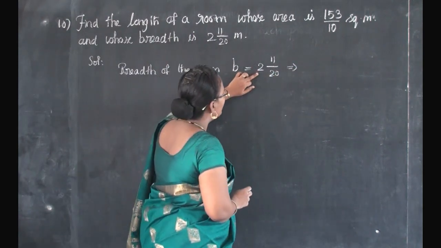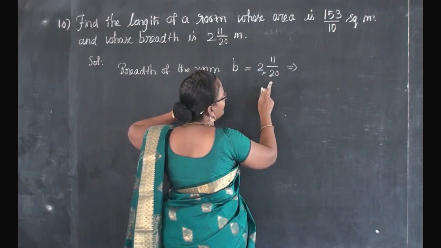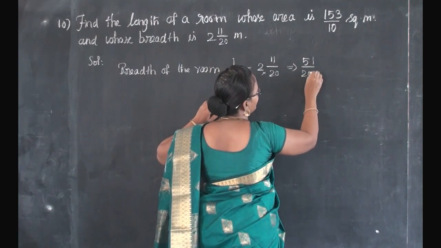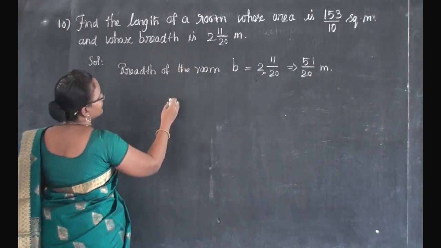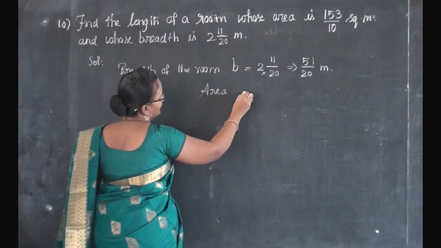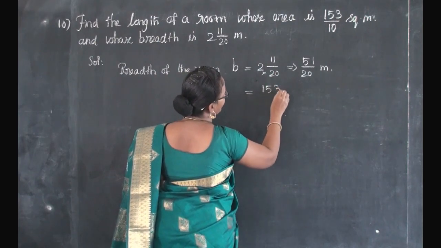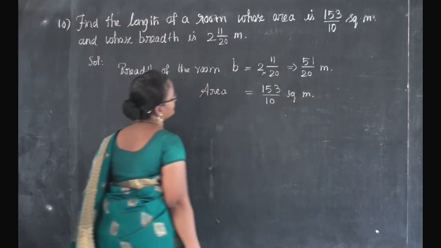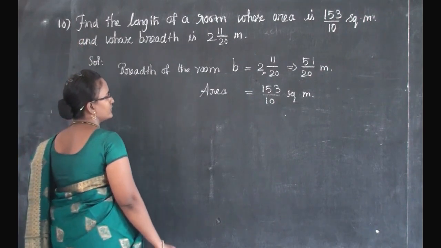It becomes improper fraction: 2 20s are 40 plus 11, 51 by 20 meter. And also the given area. So area equal to 153 by 10 square meter. We have to find the length of the room.